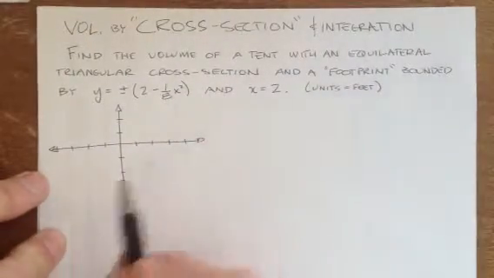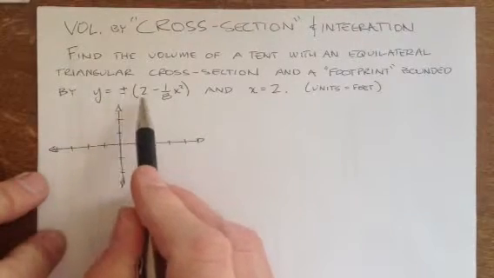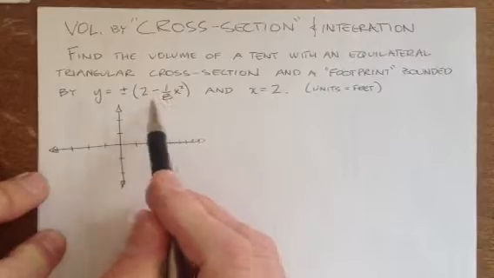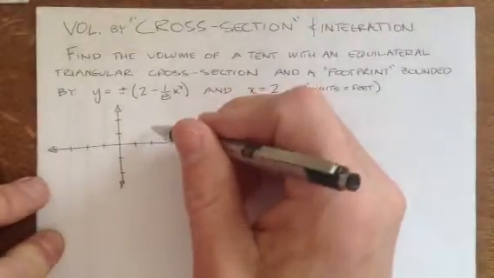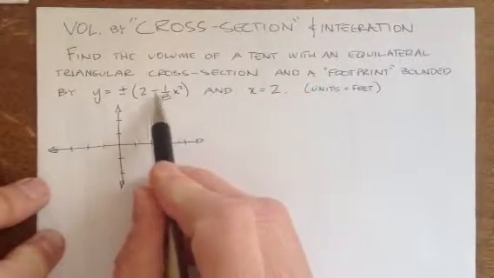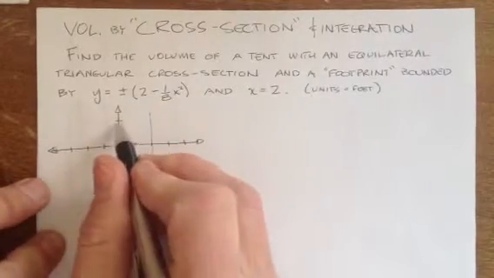All right, so it's bounded by two parabolas. One is y equals positive 2 minus 1/8 x squared and minus (2 minus 1/8 x squared), and then the line x equals 2. So here's the line x equals 2, and this is a parabola that in the first case is going to be opening downward starting at 2.